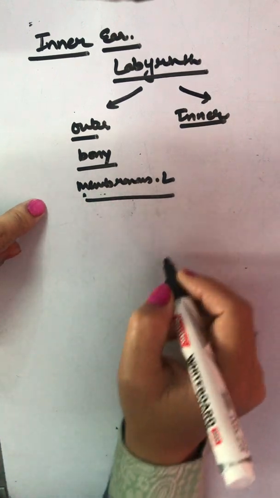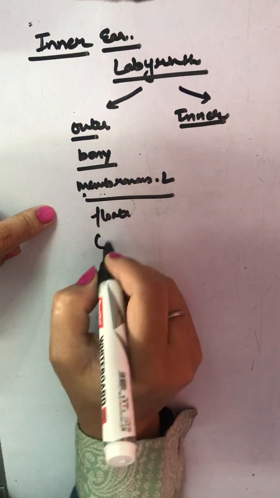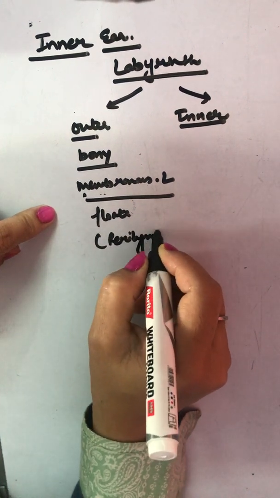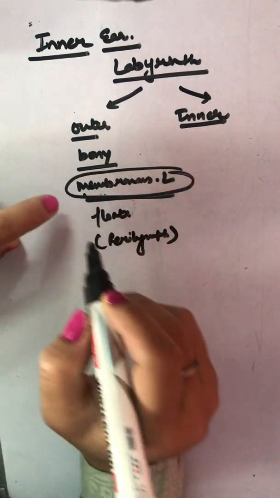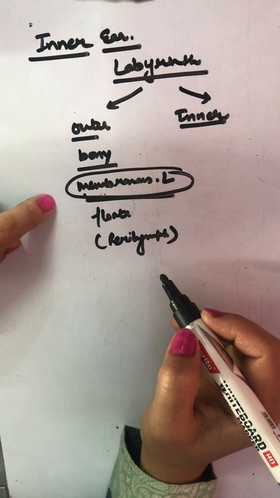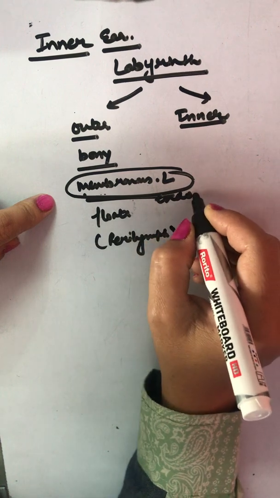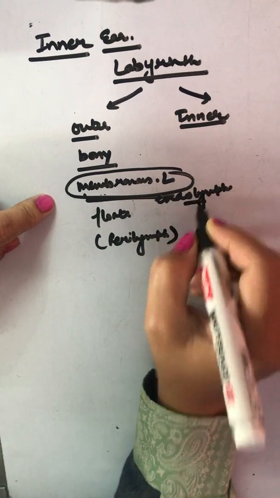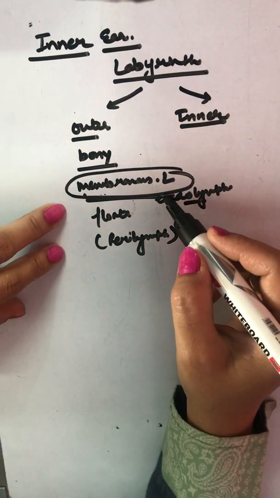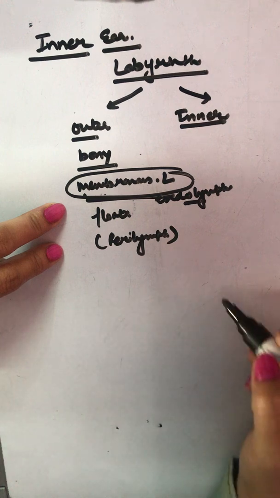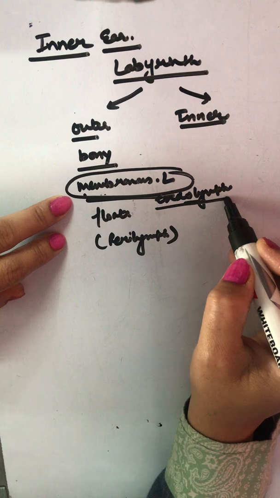And around the membranous labyrinth floats the perilymph. This membranous labyrinth is fluid based, and the fluid present in it is known as endolymph. So what do we know? The bony structure has the membranous labyrinth floating in perilymph, but the membranous labyrinth itself has a fluid known as endolymph.